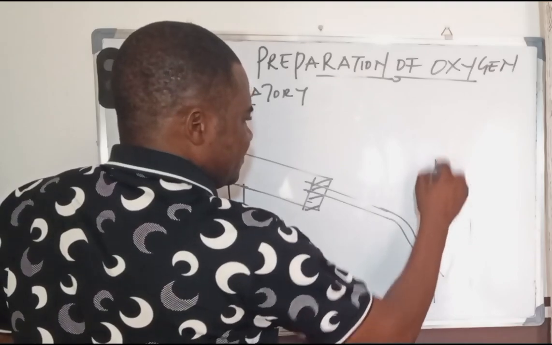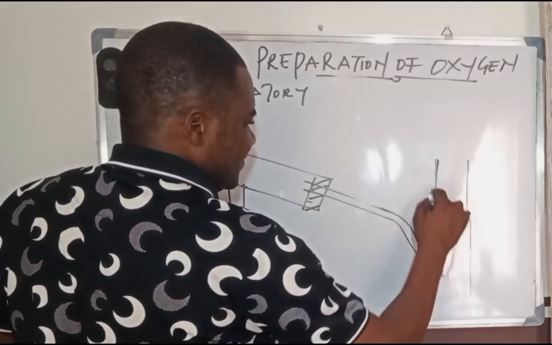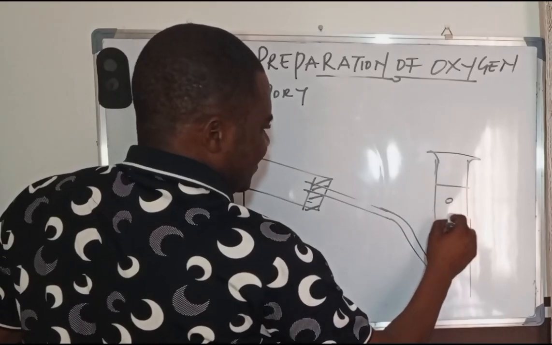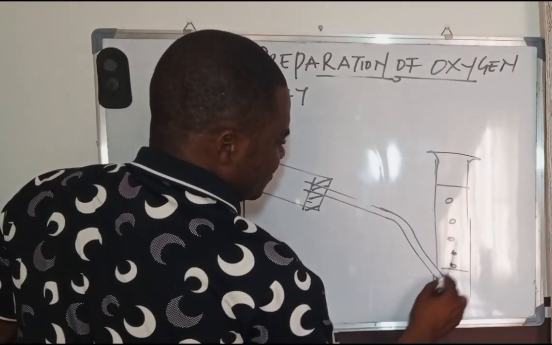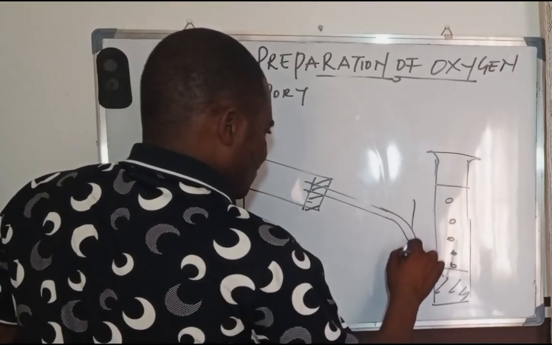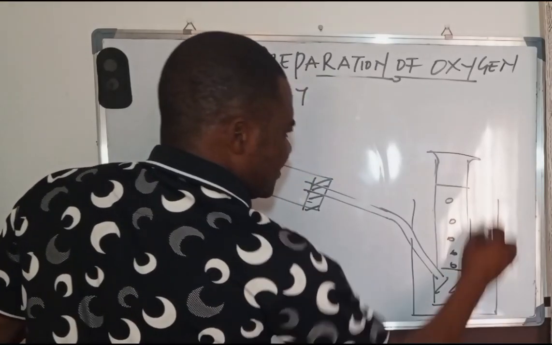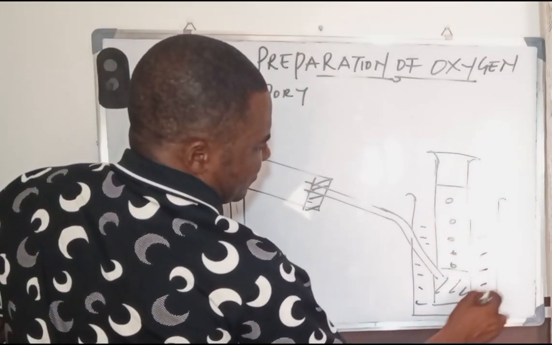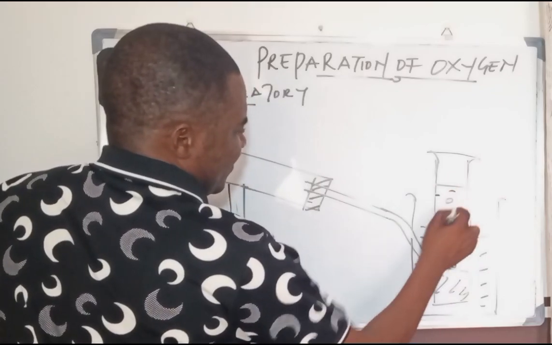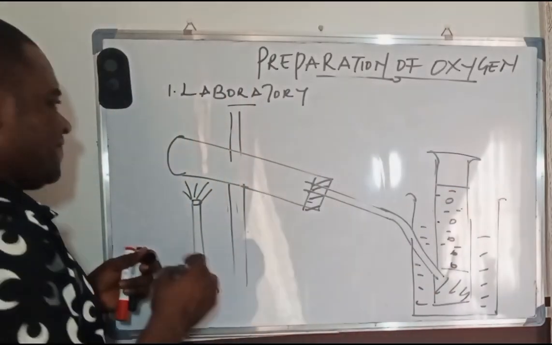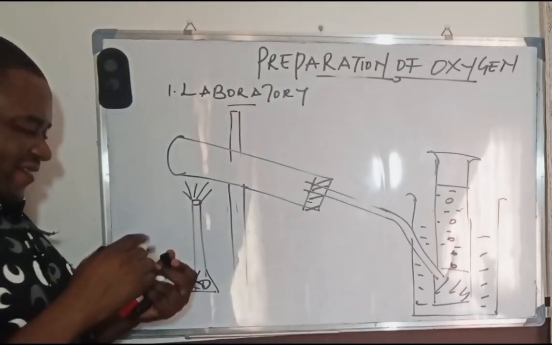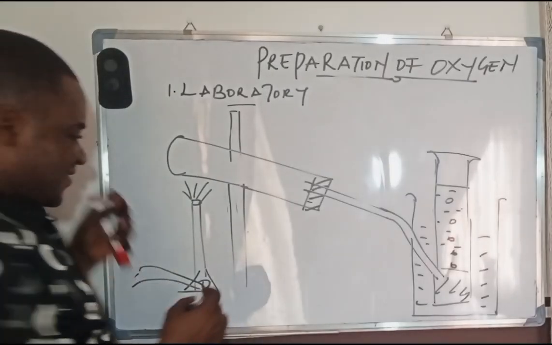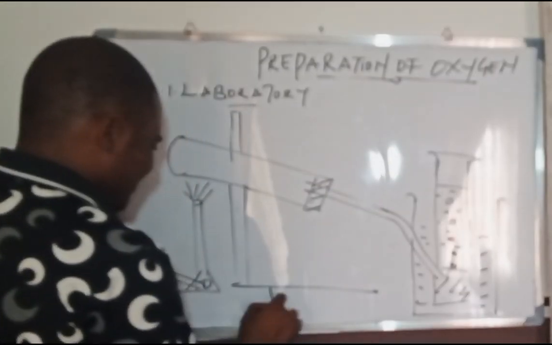So this continues in this format. Now this is a very simple diagram that explains the preparation of oxygen in the lab.